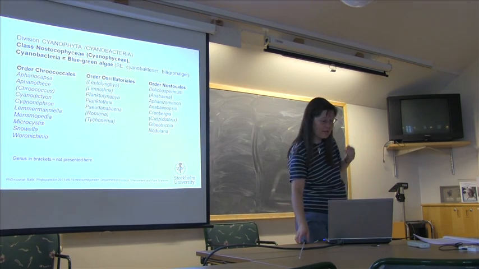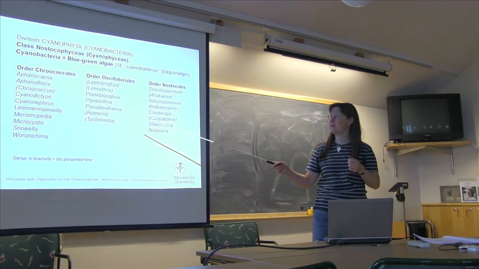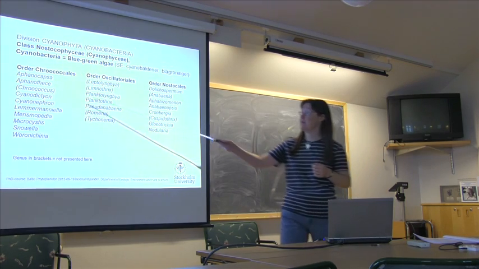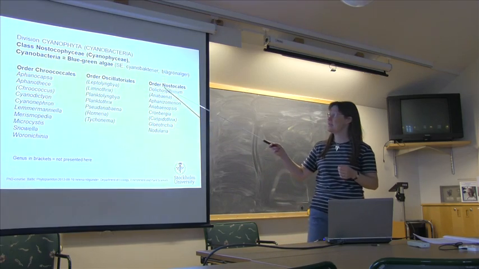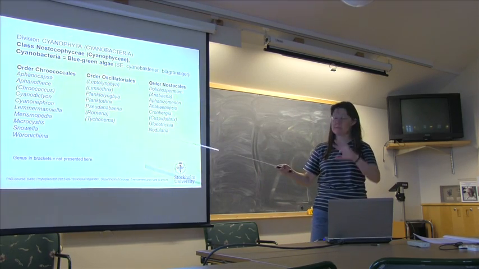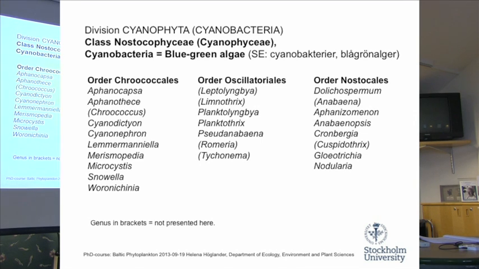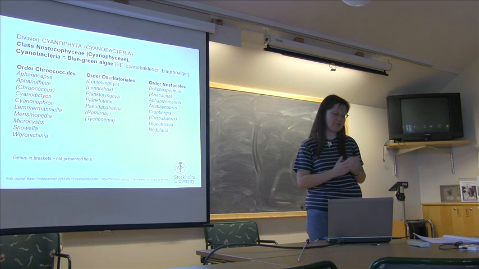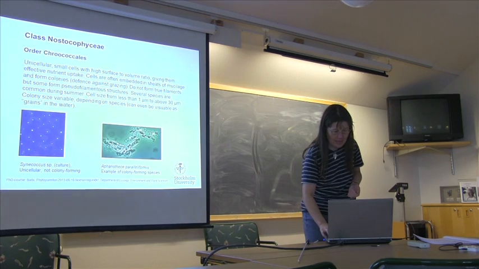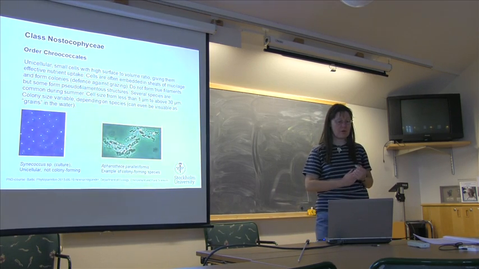Then we will look a bit at the groups. There are three large orders of cyanobacteria: Chroococcales, Oscillatoriales, and Nostocales. I will go through these, and you will see some pictures of them, just to show you how different they can look. We will start with the Chroococcales.